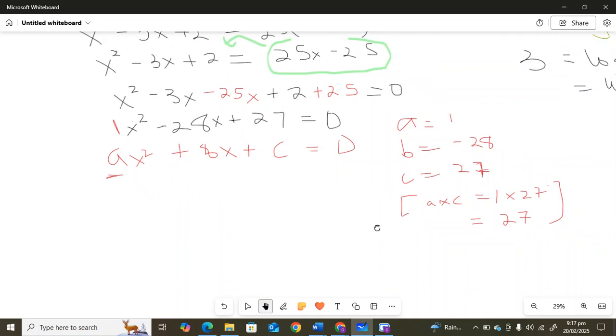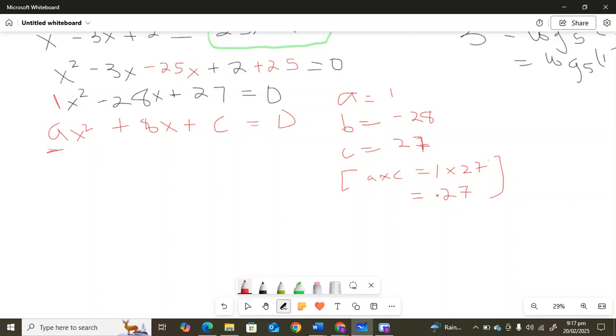So you have to find two factors of 27 that when you add them, they should give you negative 28, and when you multiply them, they should give you 27.